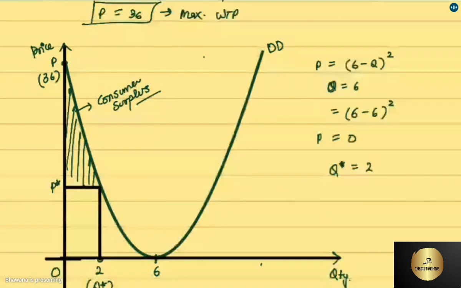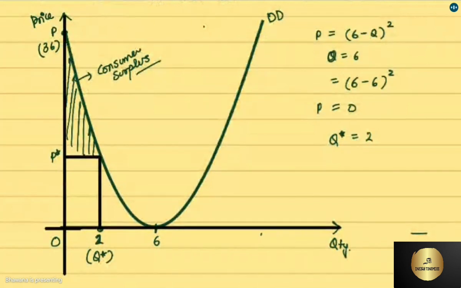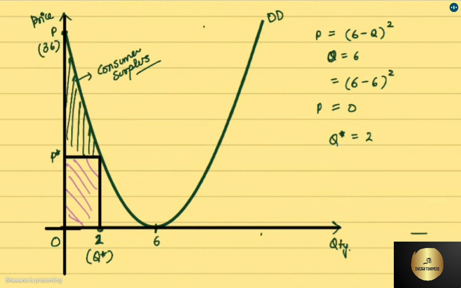So in order to do that, what we will do, first we will find the total area below this demand curve up to this q star, that is 2, and then we will again minus this particular area of rectangle, so that we will be left with this much of area, that is our consumer surplus. Okay, so let's do it.